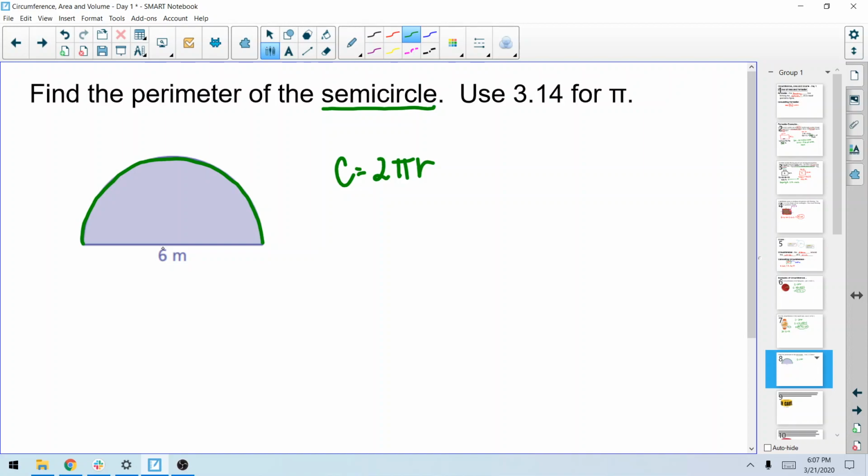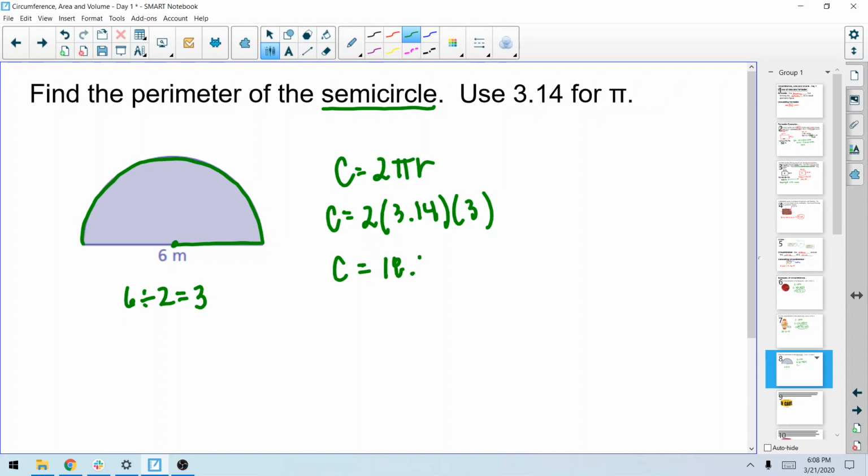Is 6 your radius? No, it goes the whole way across, that's your diameter, so 6 divided by 2 is 3, which is in fact your radius. So that would go from here over to there. Okay, circumference equals 2 times 3.14 times 3.